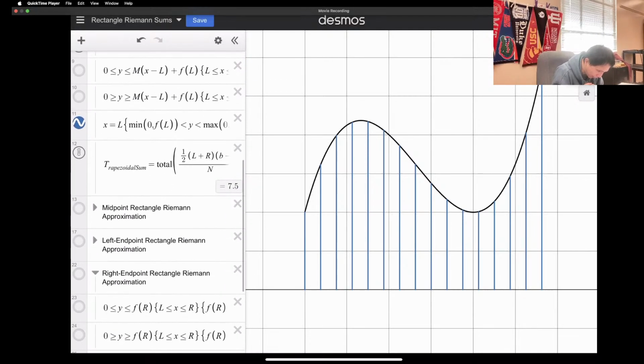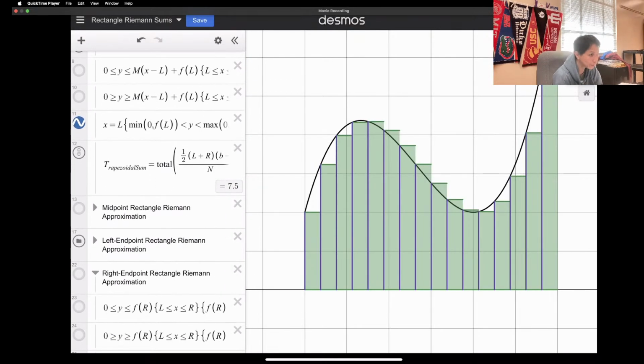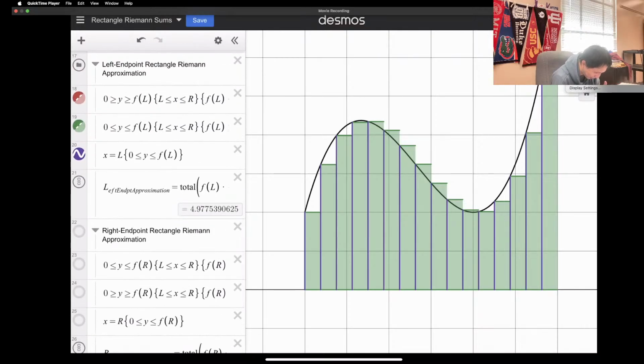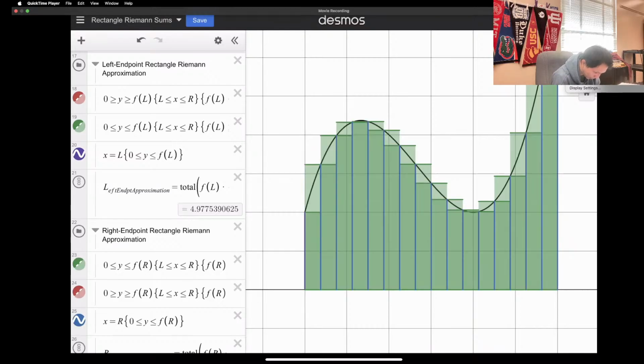A left hand approximation is going to look like this, and that's only 16 intervals. Got it? Now they'll actually give me a value here. It's about 4.977, sometimes over, sometimes underneath. And I'm going to use the right endpoint approximation.